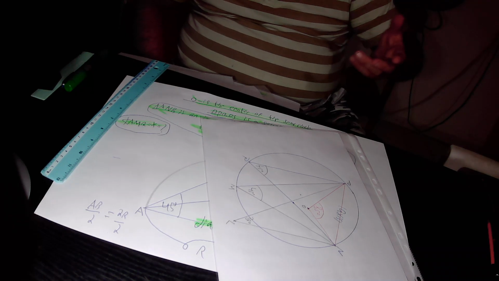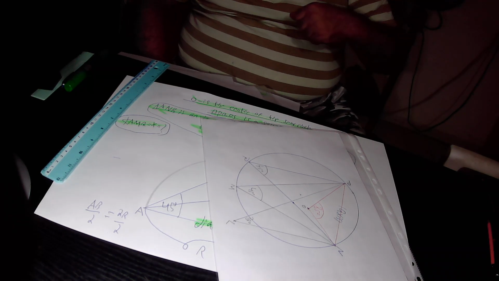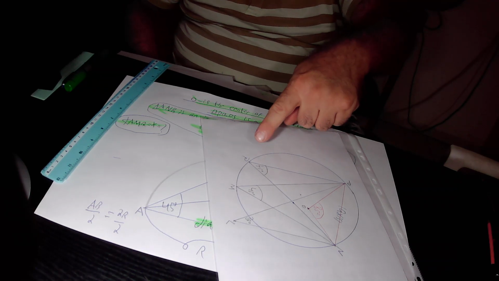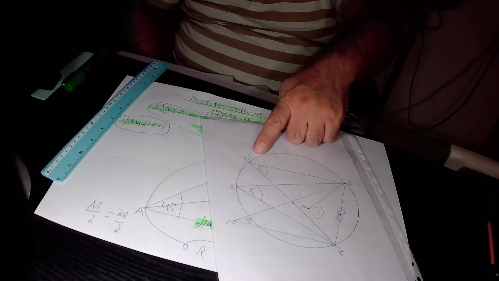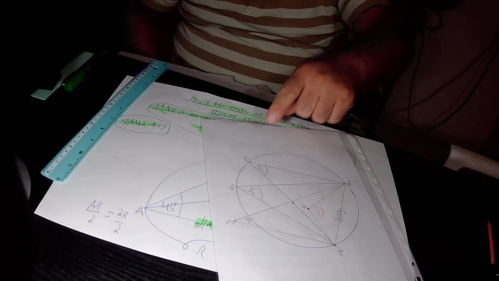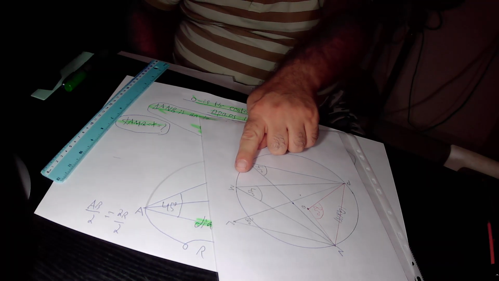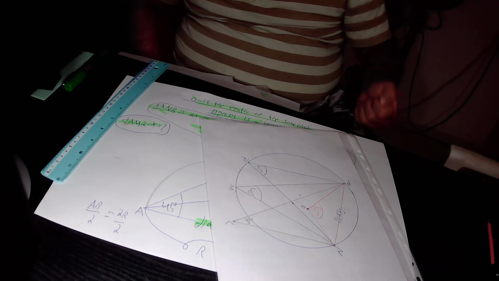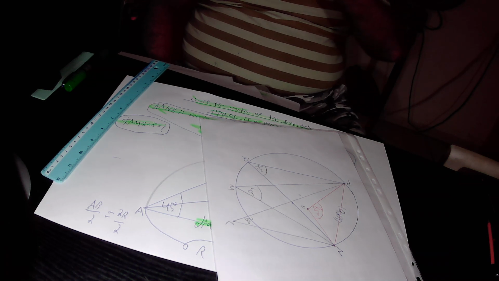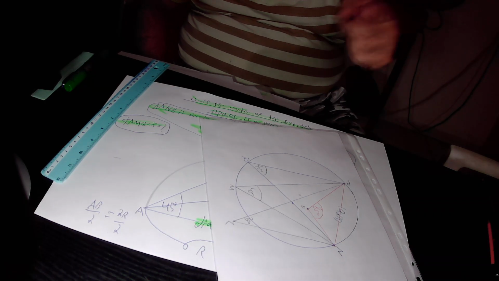So those two angles both lie on the circle. This is peripheral angle NQP, the vertex Q lies on the circle, and this is peripheral angle PMN, the vertex M of peripheral angle PMN also lies on the circle. What happens with the angles that don't lie on the circle?